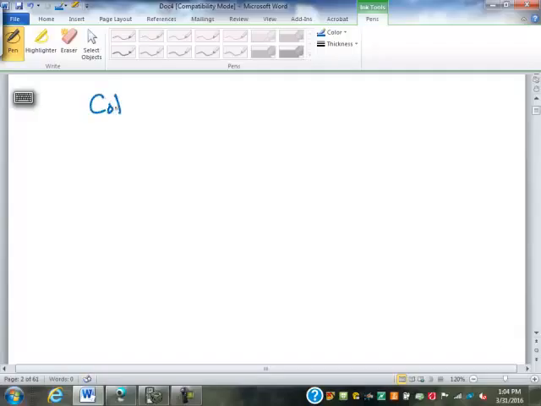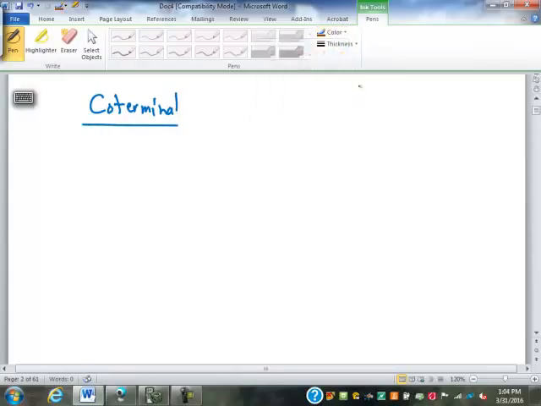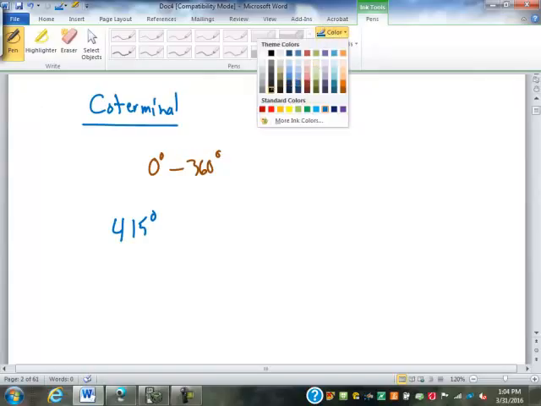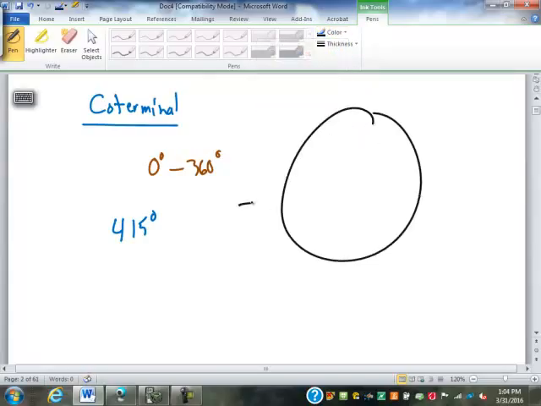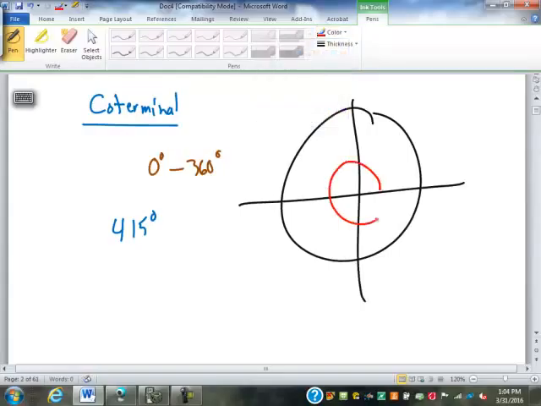Coterminal, do you guys remember what that means? More specifically, simplest coterminal means it's between 0 degrees and 360 degrees. So if I give you an angle like 415 degrees, what that means is on the unit circle, it has wrapped around once, which is 360 degrees.